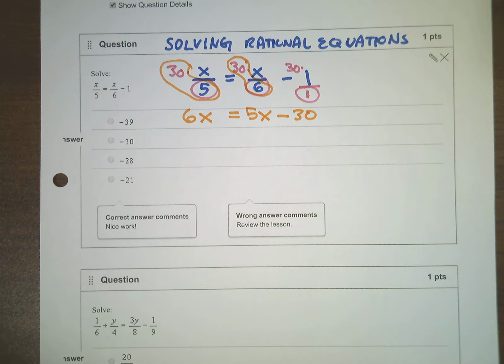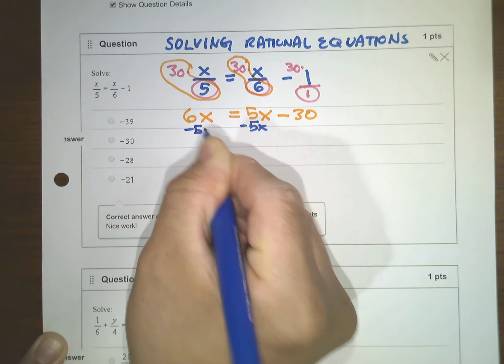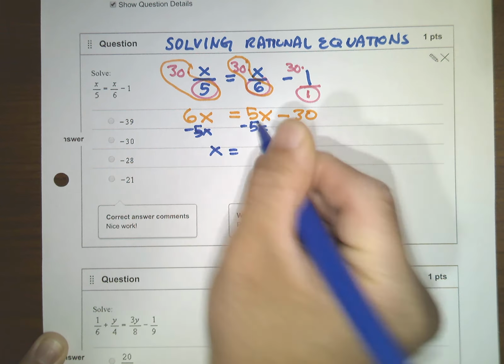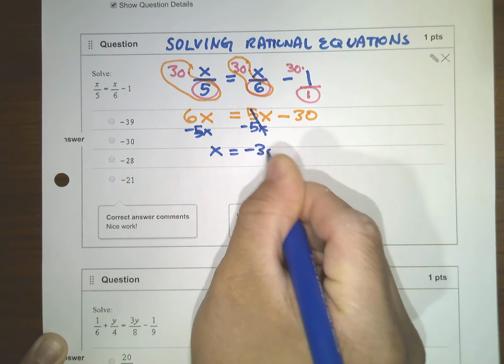So now notice that multiplying by the least common denominator eliminated all of the fractions here, which is good. Then I will subtract 5x on each side, so 6x minus 5x is just 1x, or just x. The 5 minus 5 zeroes this out, so x is equal to negative 30.